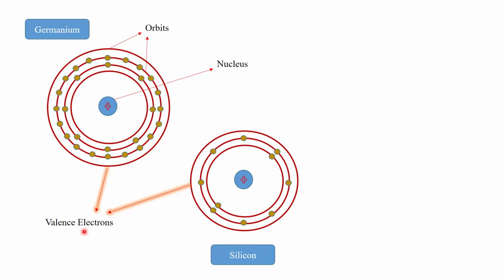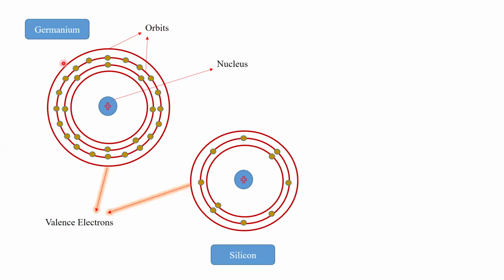We will see in a moment why they are called valence electrons or free electrons or ready to be free electrons. Okay, so this is Bohr's atomic model for germanium, and this is Bohr's atomic model for the silicon.